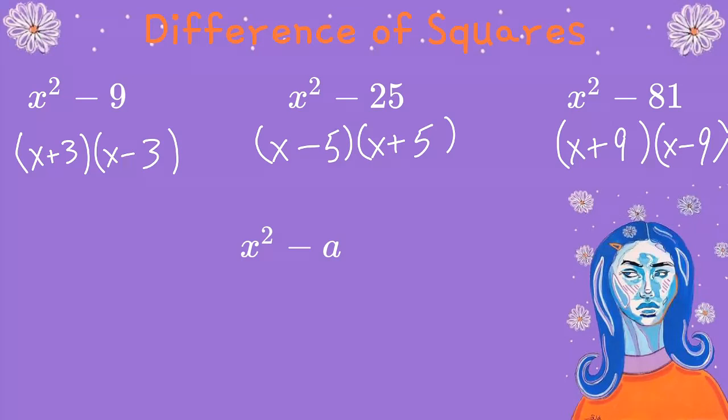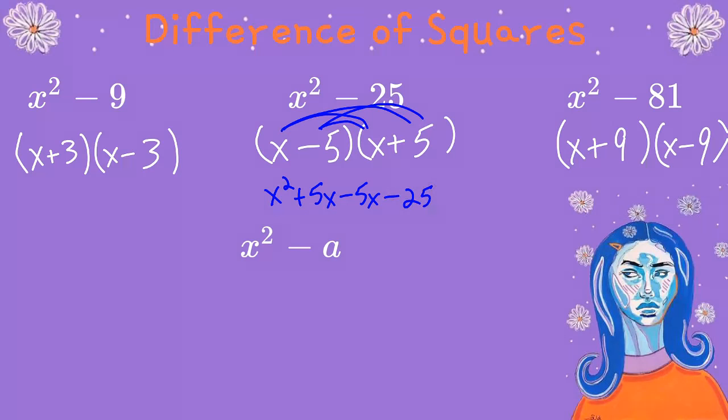Now, I've done 3 of these, and on the middle one here, I'm going to show you something. If we did FOIL, x times x would be x squared. x times 5 would be 5x. Negative 5 times x would be negative 5x. Negative 5 times positive 5 is negative 25.